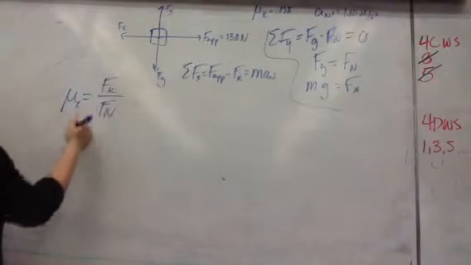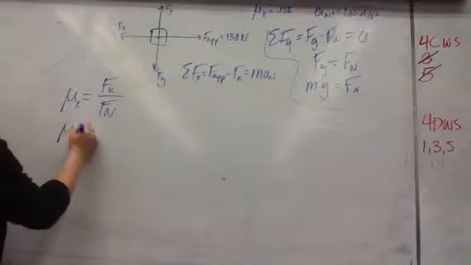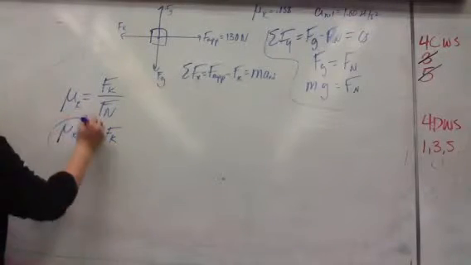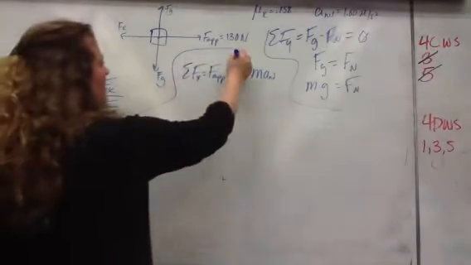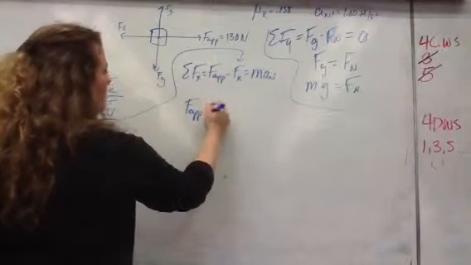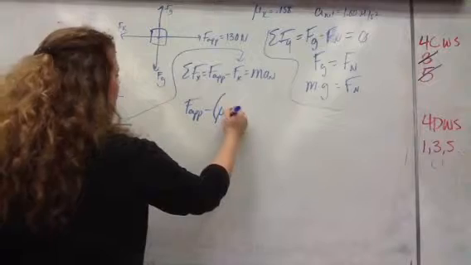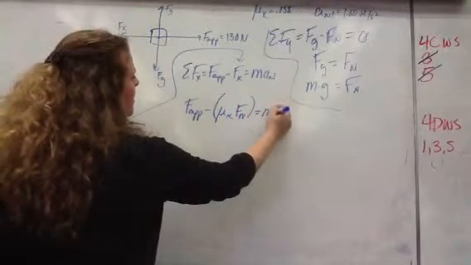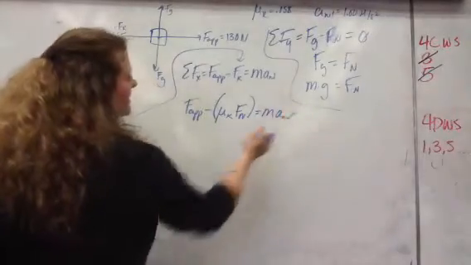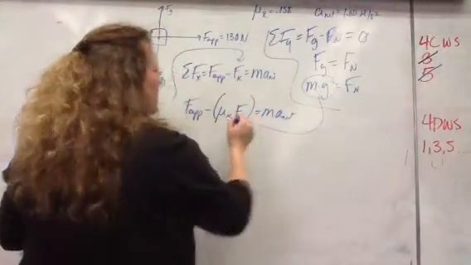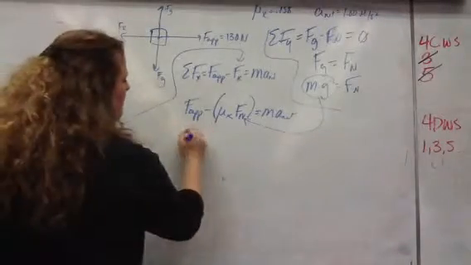So we can create an expression for Fk: mu k Fn equals Fk. All right, so now we have force applied minus quantity mu k times Fn equals mass times net acceleration. We have an expression for Fn.